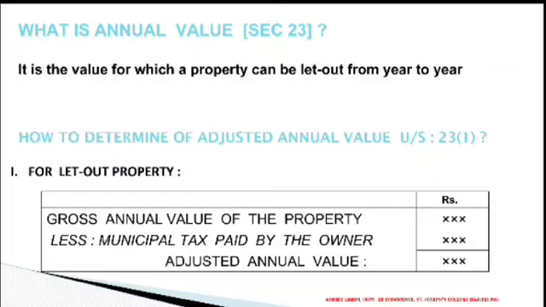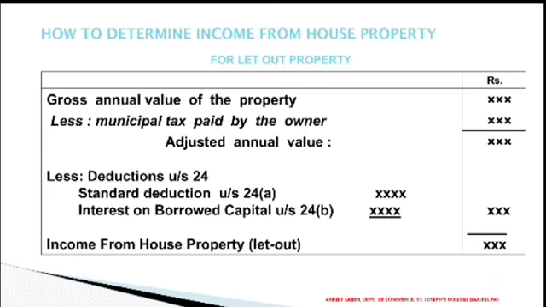If the property is let out, we have to get the gross annual value after the steps we have already said, whichever is higher and lower. From this gross annual value we deduct the municipal tax, and finally we have the adjusted annual value. In this adjusted annual value, the net annual value is also obtained.